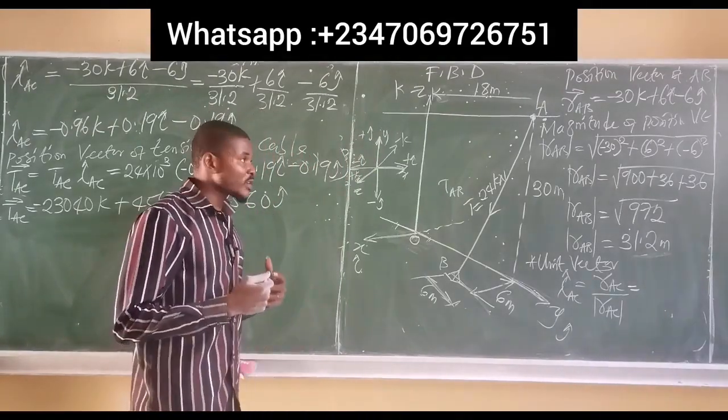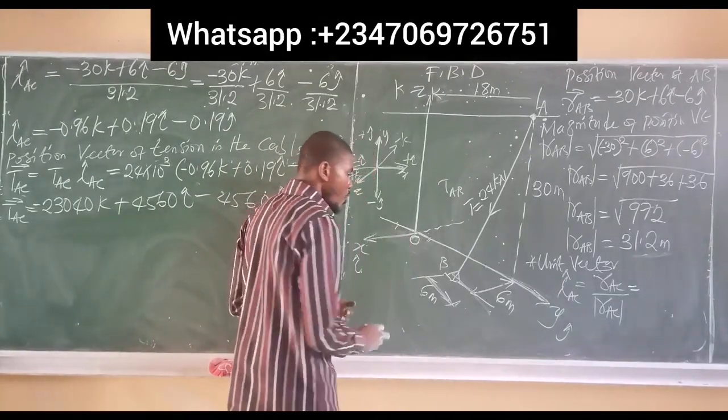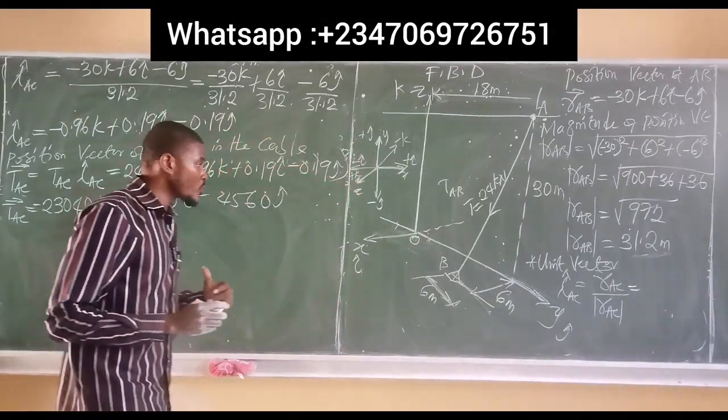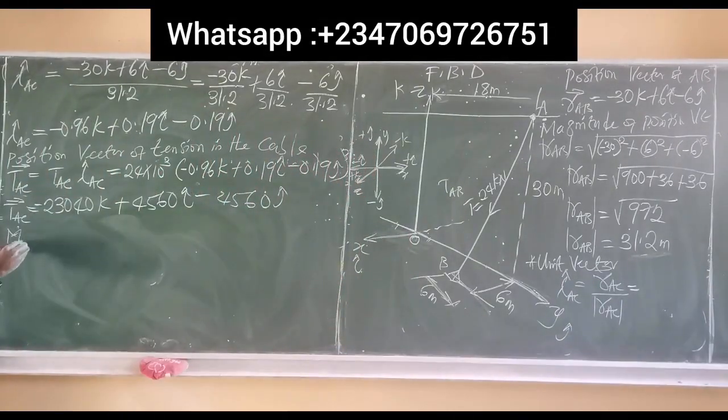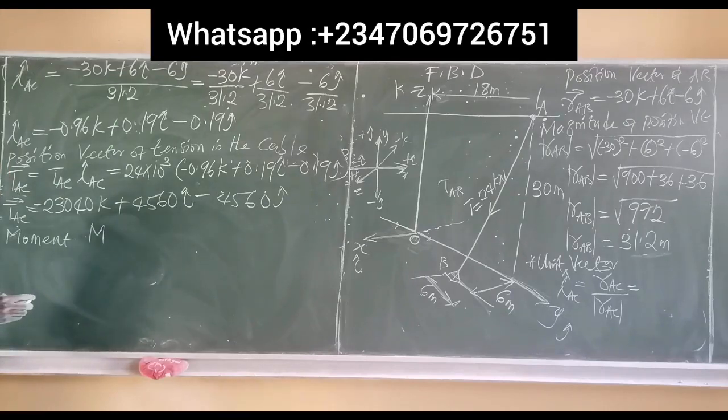But the question says we should find the moment of this tension about point O. It's very simple. We know that moment is simply force times distance, but in this case, this is a three-dimensional moment.